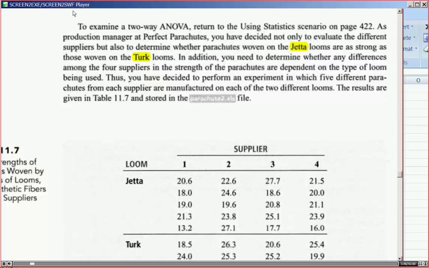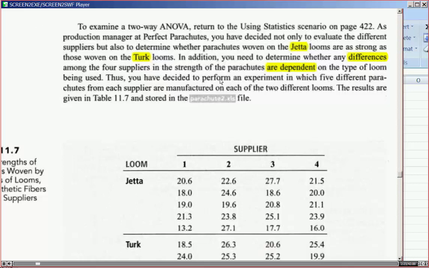In the previous section, we pretended the looms were the same. We did not differentiate between the looms, or maybe all 20 parachutes in the previous part of the chapter were made on one loom, on the same loom. In addition, you need to determine whether any differences, that's another keyword, whether any differences among the 4 suppliers in the strength of the parachutes are dependent on the type of loom being used.